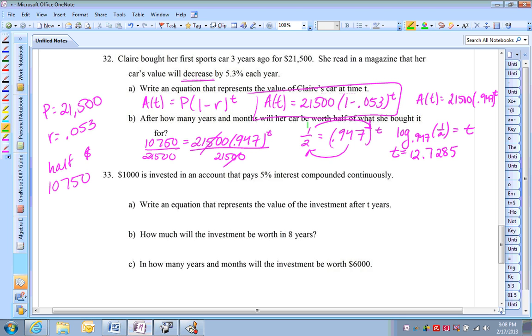But remember, they want this in years and months. So this is 12.7285 years, but we need to put it in terms of years and months. So we know it's 12 years. And the way we figure out the additional months is we take this decimal portion right here and multiply it by 12.